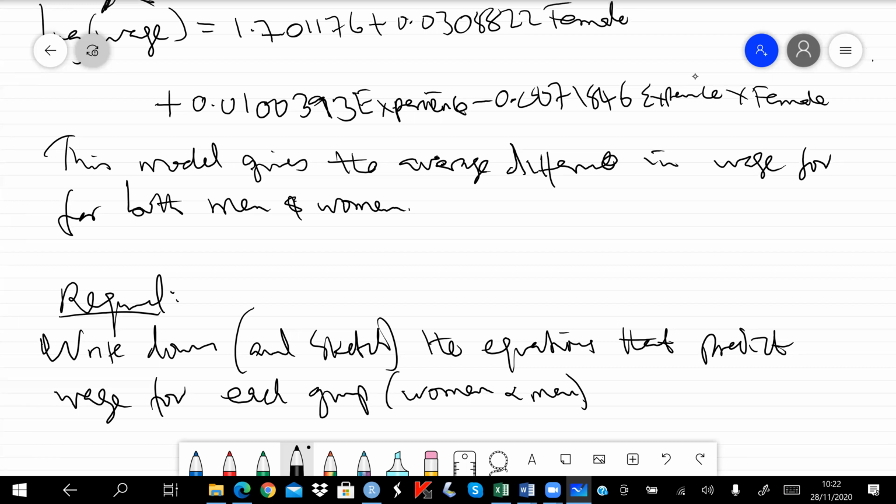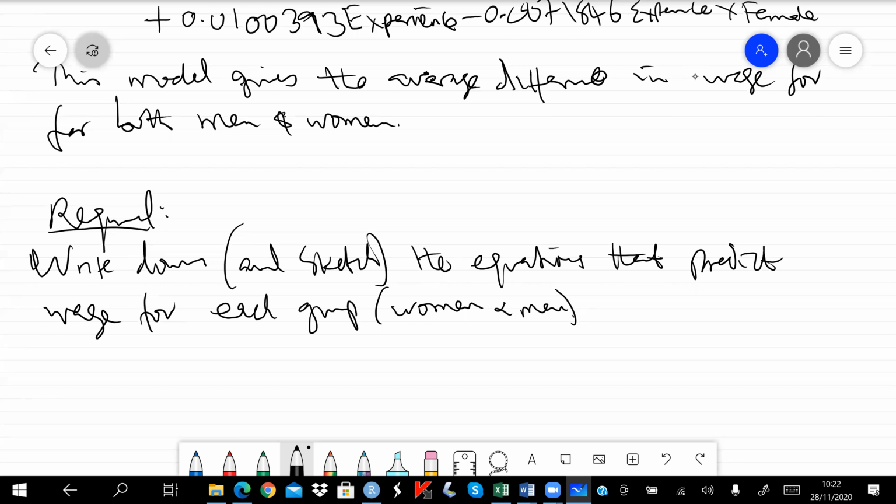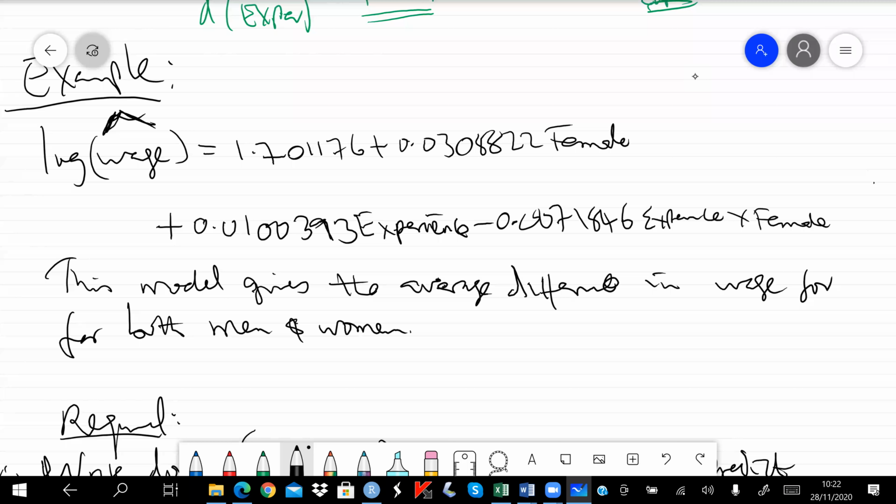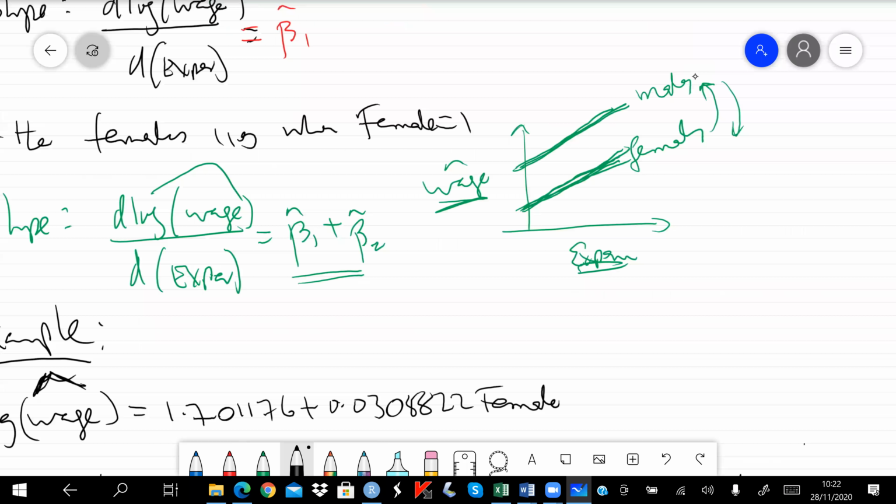The equation of predicting wage for men, and also the equation of predicting wage for the females. You need to sketch. The sketch will be something like this. Will be some 2 lines.